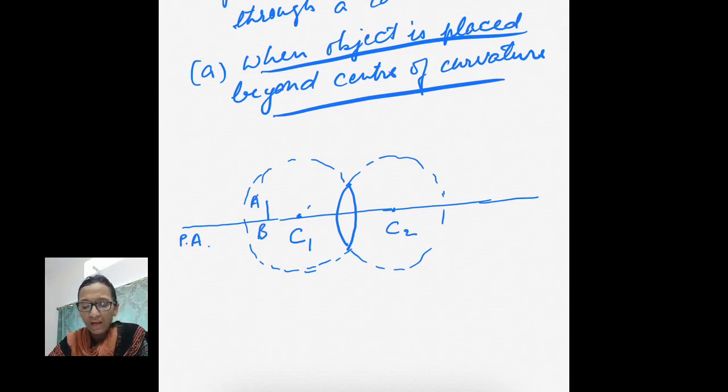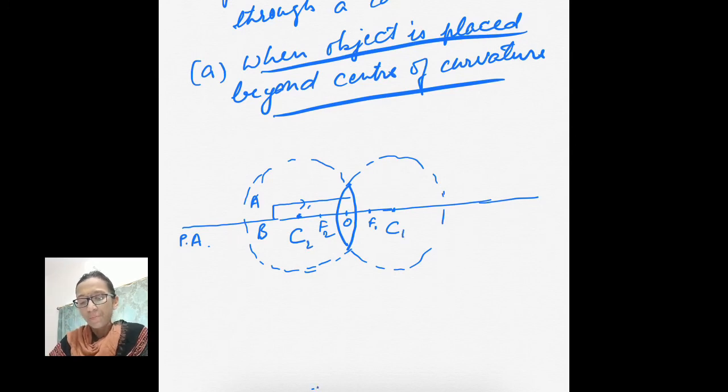And we know we have three helping rays. Let me take the object smaller. A ray which is parallel to the principal axis. Here you have the optical center. Here you have F1 and here you have F2, and better we write C1 and C2.